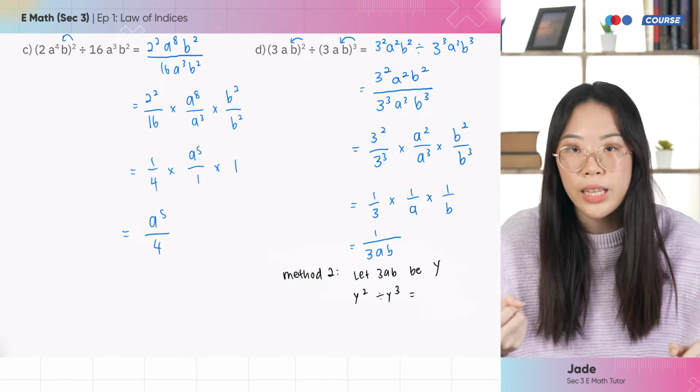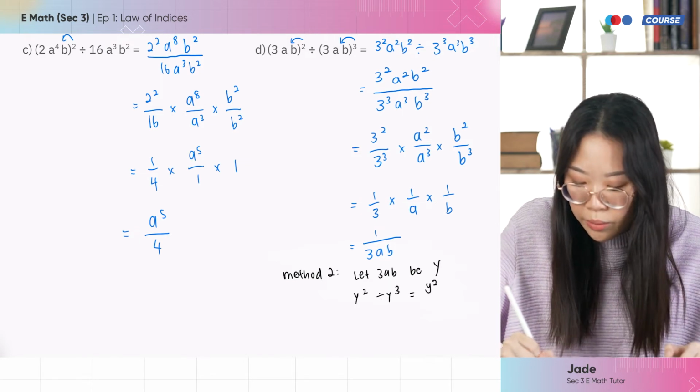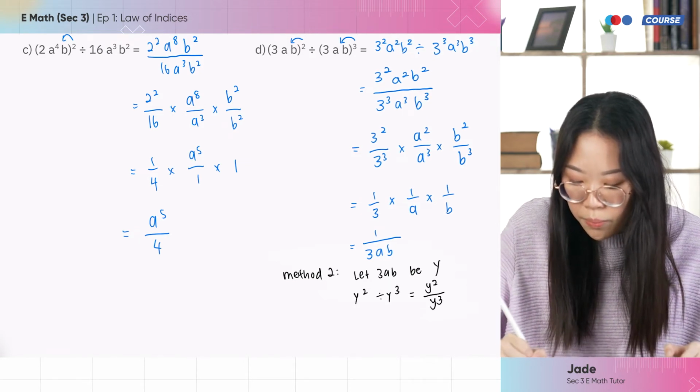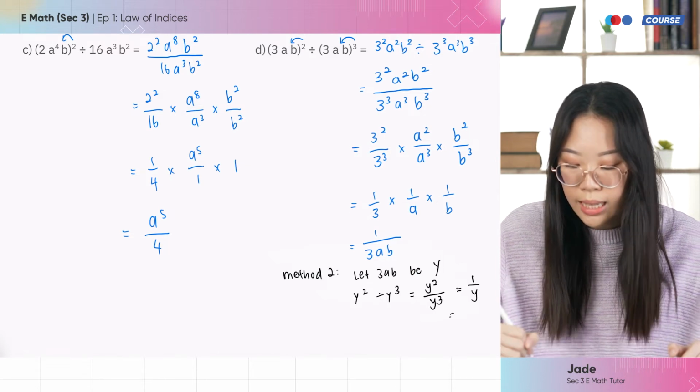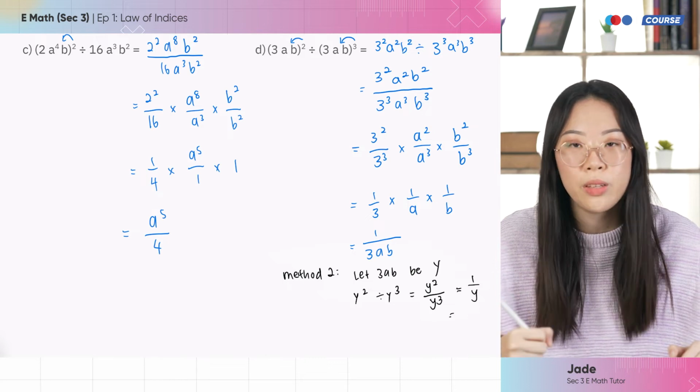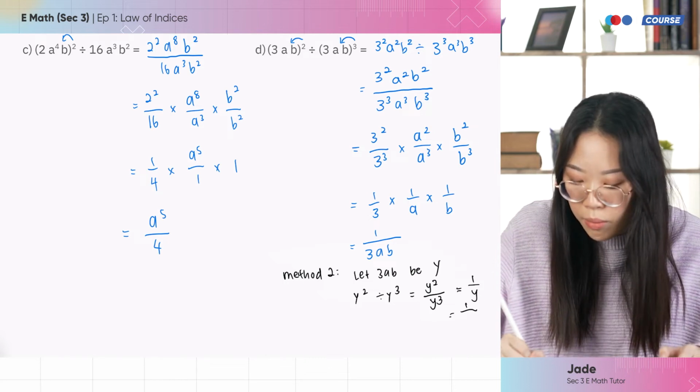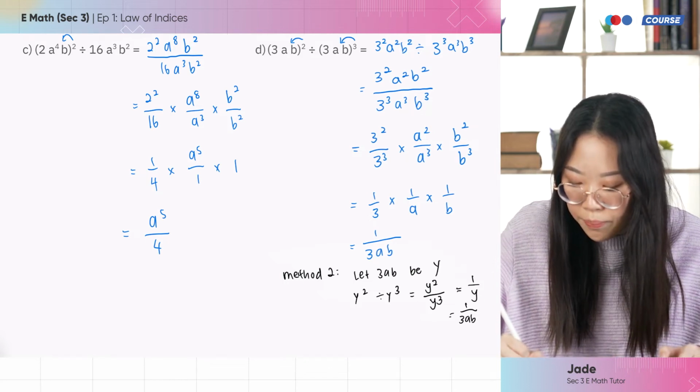Then we can convert it into a fraction, which will be y squared over y cubed, giving us 1 over y. Lastly, we need to substitute 3ab back into this equation. So we will have 1 over 3ab. You can see that both methods will give us the same answer. So there's no one right way to do indices. It all depends on how you utilize the laws.